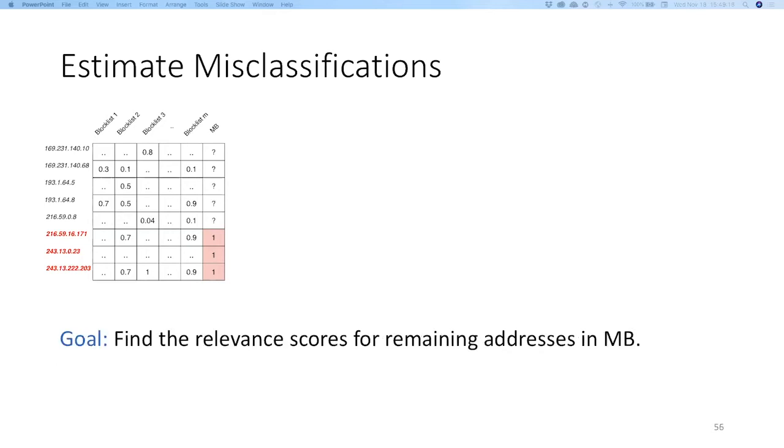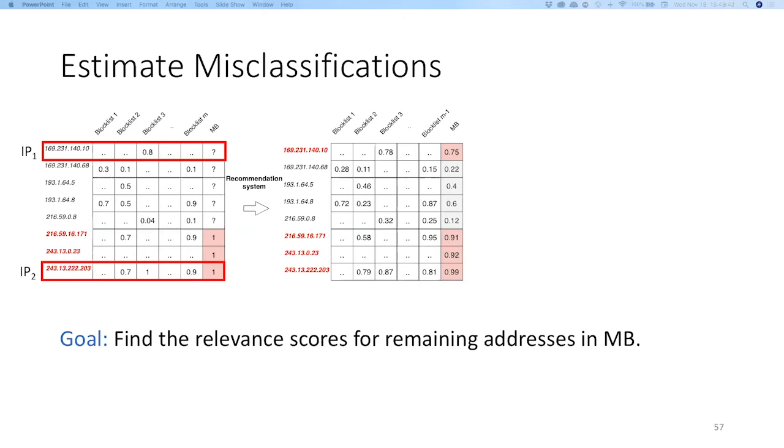Now, the goal is that we need to find the relevance score for the remaining addresses in the misclassification blocklist. And the intuition is that if the IP address were to be present in the misclassification blocklist, it would have a very high score. And if they have a very high score, it means that these IP addresses are indeed misclassifications. So if you were to run the recommendation system, we see that IP1 and IP2 are pretty similar.